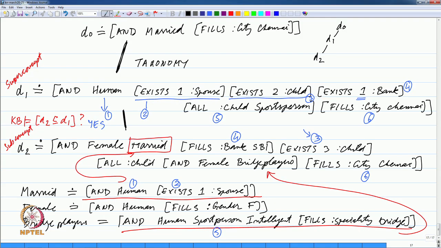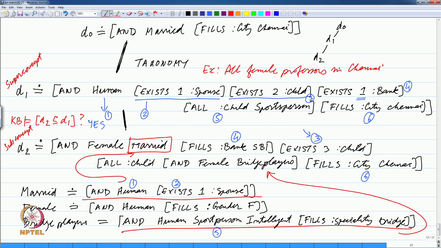Okay, as a small exercise, I will ask you to define this concept: all female professors in Chennai.